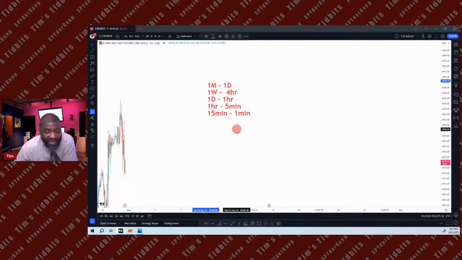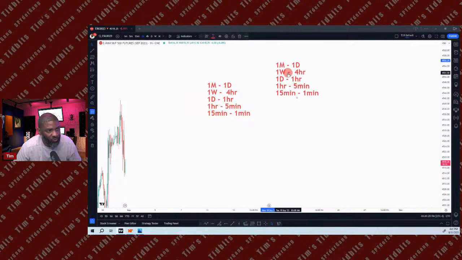And like I say, I've tested it all the way down to the 15-second chart as the entry level, right? As the entry level. So who can tell me what time frame would be the higher time frame level if the 15-second time frame is your entry time frame?